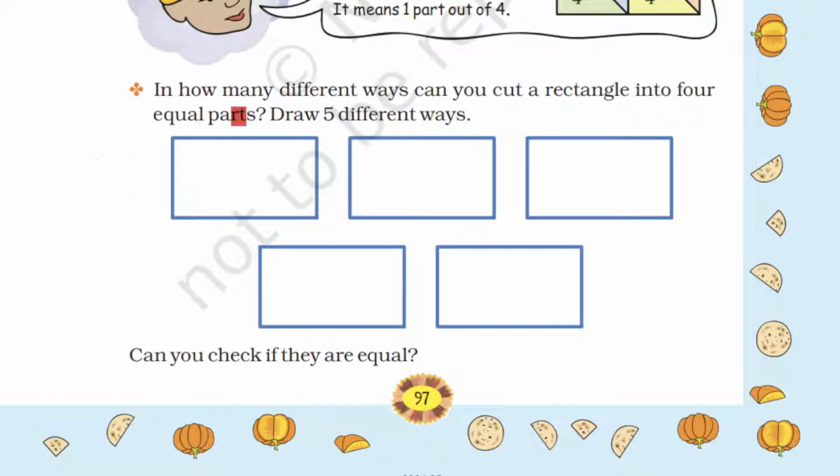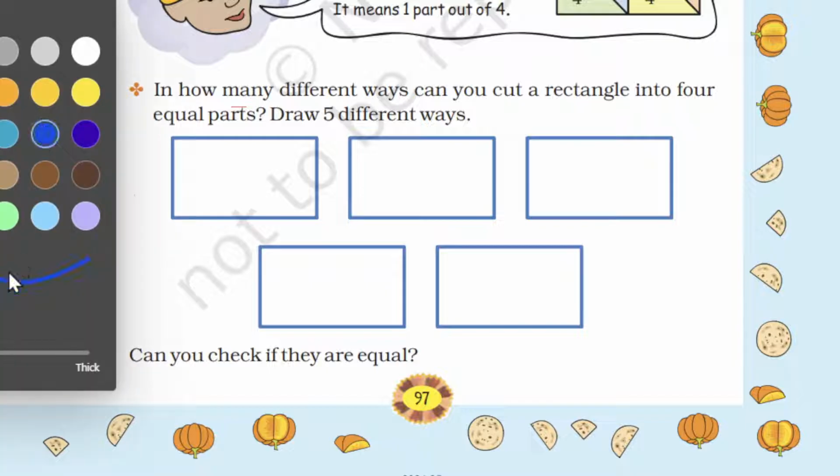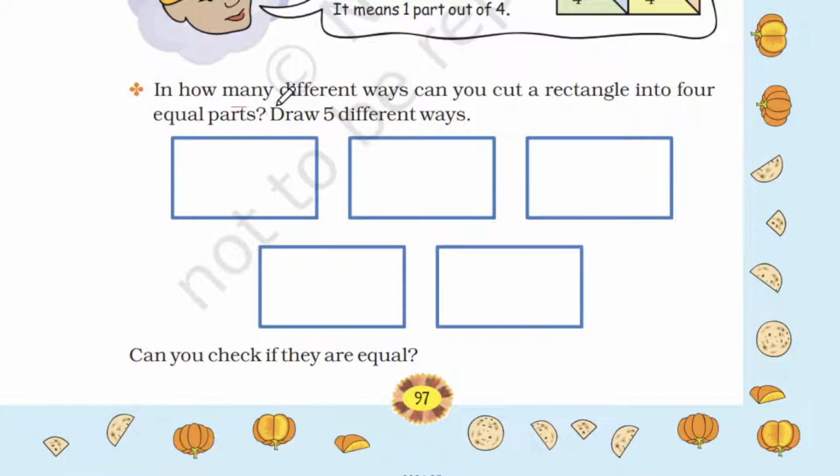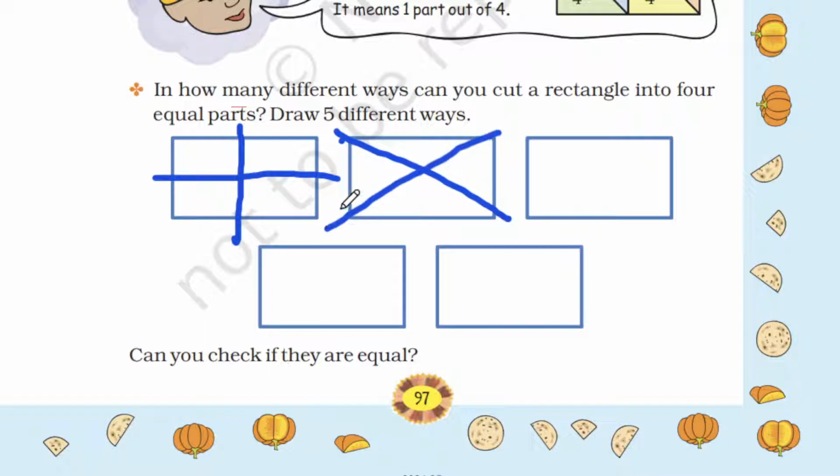Okay, 1 minute still. Let me use this. So first thing you have to do like this one. Second thing you can do like this one. 4 equal parts.